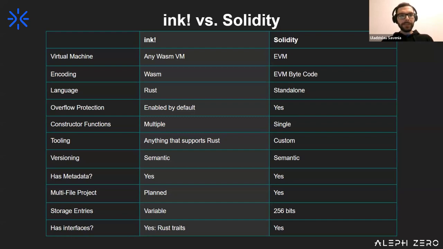Other than that, there are some benefits in the storage entries, unlike in Solidity where you have 256 bits of storage all of the time. In Ink, you can use variable sizes of storage, which can come in handy really. You can optimize to lower your needs in memory, or use something more complex instead if you feel like it.